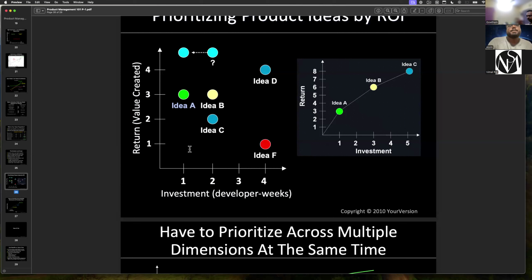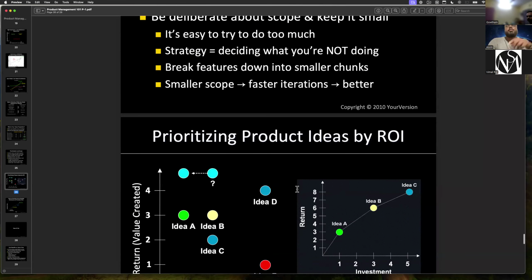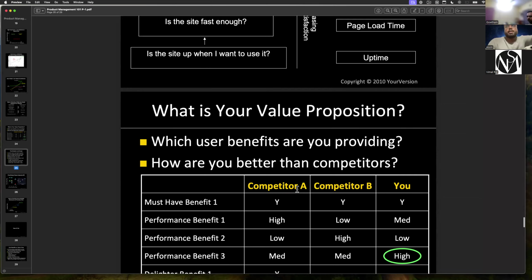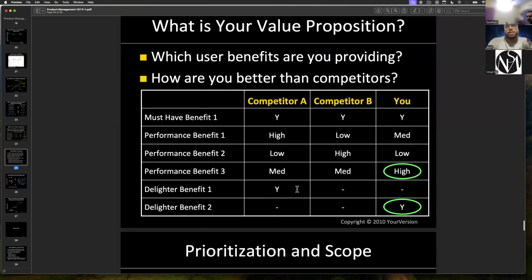Yes. If the investment is too high, if it's costing like $1 million, but the ROI, the actual value of that particular feature is not really important to the customer, then that should be your last priority. From the previous frameworks, you already kind of figured out what kind of features you need.